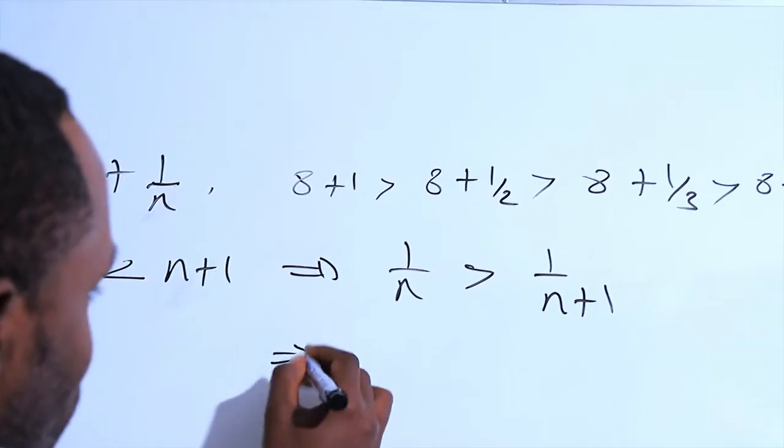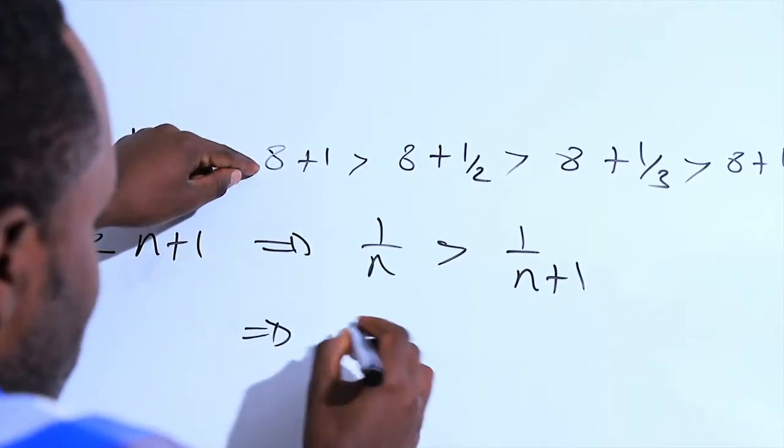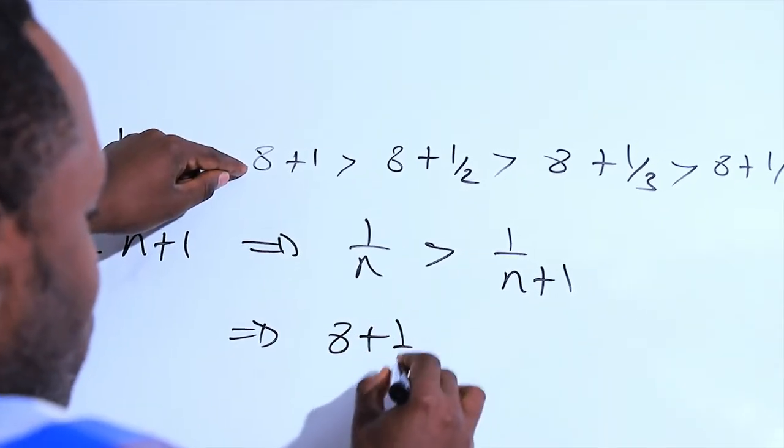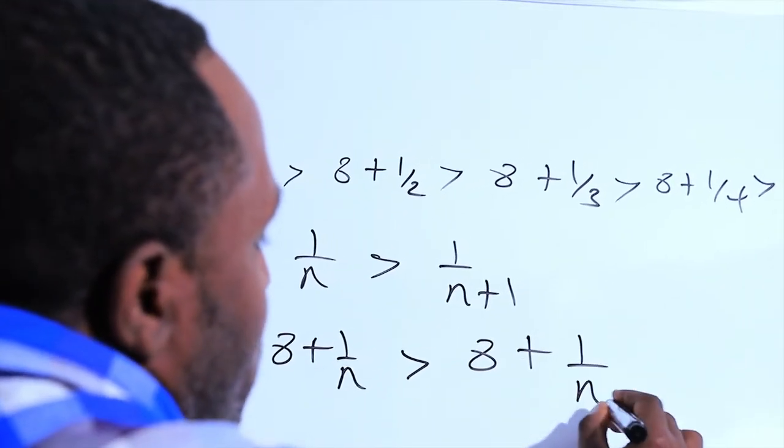From this, if you add the same constant positive number to both sides, we can say 8 plus 1 over n is greater than 8 plus 1 over n plus 1.